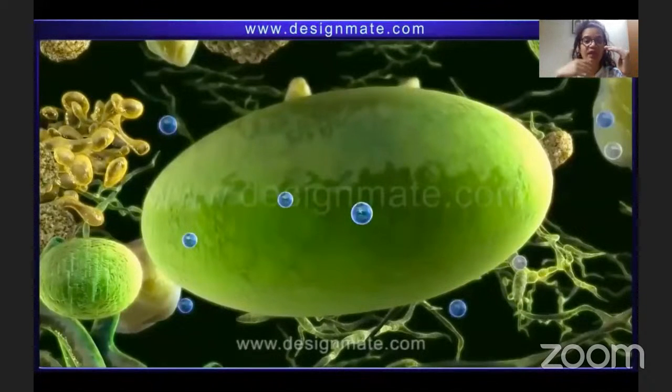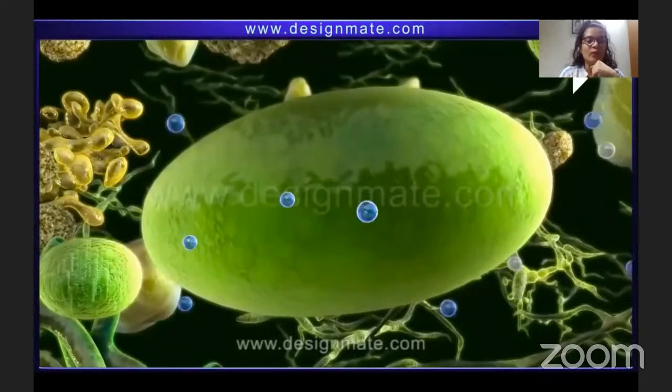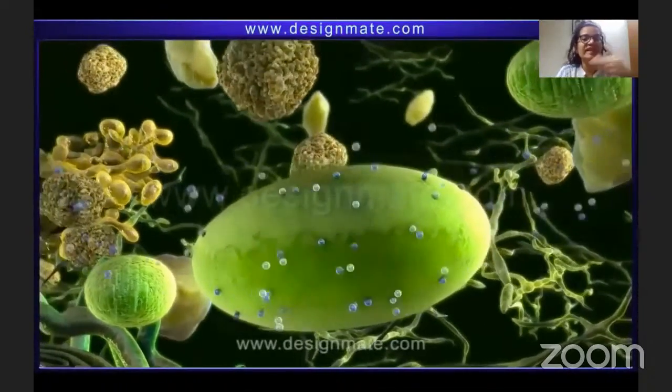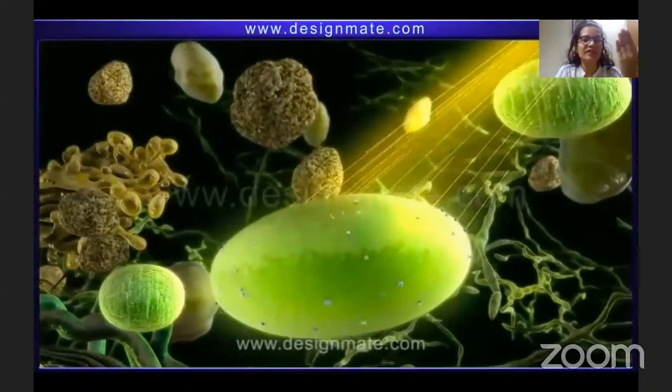Now, when water and carbon dioxide are absorbed by the chloroplast, what pigment does the chloroplast have? Chlorophyll, correct. So these chloroplasts absorb water and carbon dioxide, and they also trap the sunlight, correct? Now this sunlight helps them to synthesize. When they are synthesizing, obviously they'll give out something as well, right?